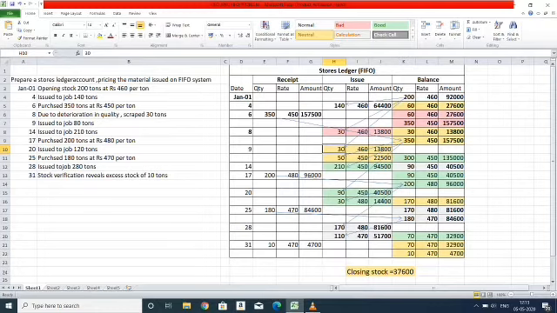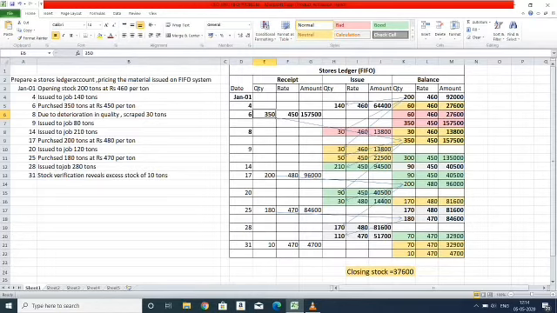So we need an additional 50 units. In order to issue 80 tons, 30 we already took from our first lot. Then this 50 we will take from our second lot, this 350 tons. 30 plus 50 comes to 80 tons. So we took this 50 tons from this 350 tons balance. 50 into 450 is equal to 22,500.